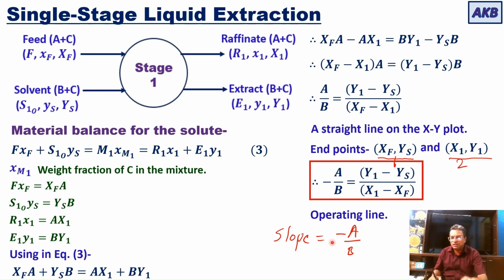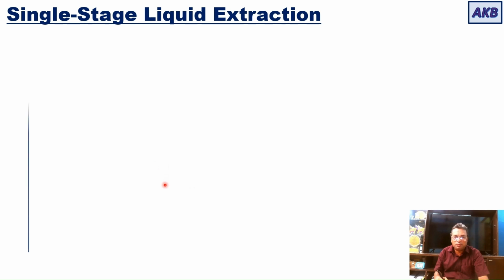So we will show this line on the xy plot. But for the time being, please note that the equation for the operating line of a single stage liquid extraction operation involving insoluble liquids is minus a upon b, that is equal to capital Y1 minus capital Ys divided by capital X1 minus capital Xf, represented on the xy plot.